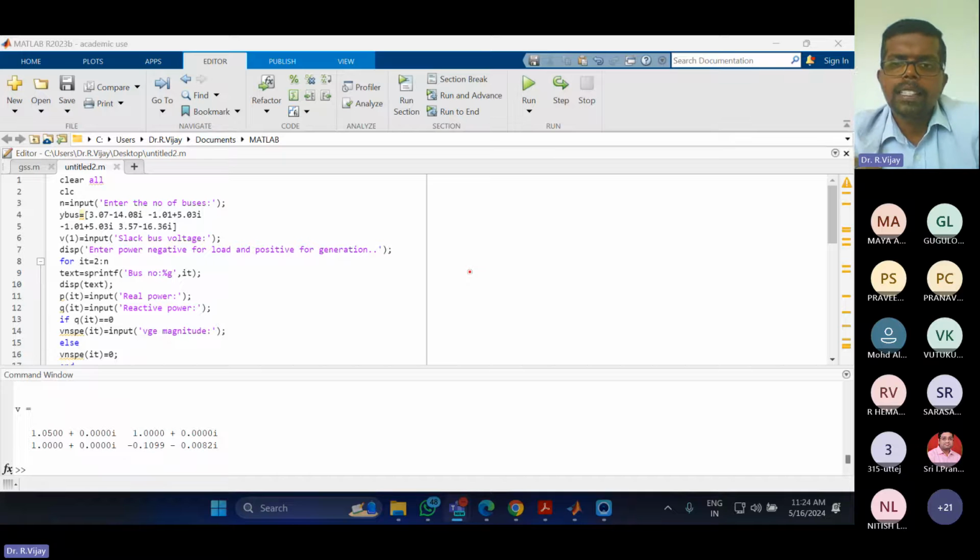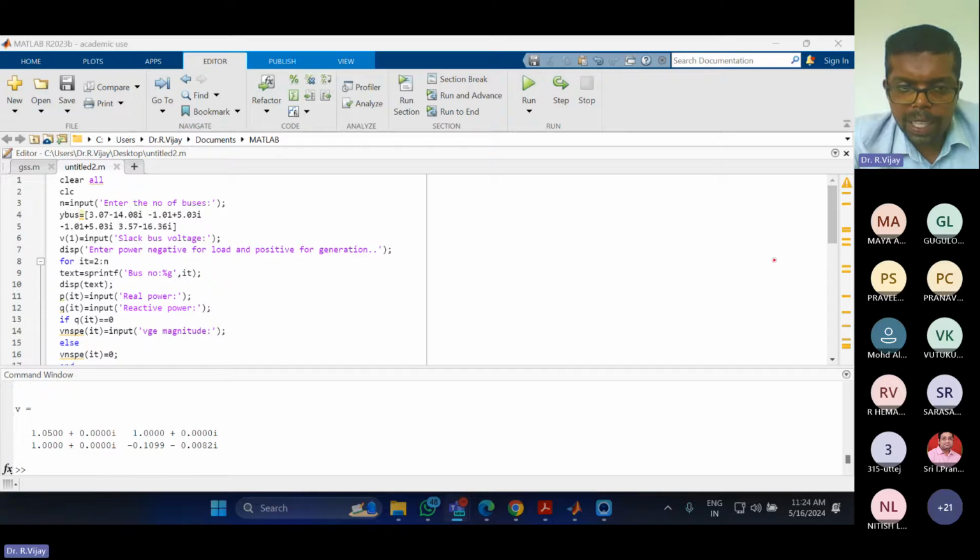That means, say for example, the generator size is 11 kilovolt or 25 kilovolt. You are generating 25 kilovolt at some 500 megawatt. That voltage is stepped up to some 400 kilovolt, and it is traveling for 200 kilometers.